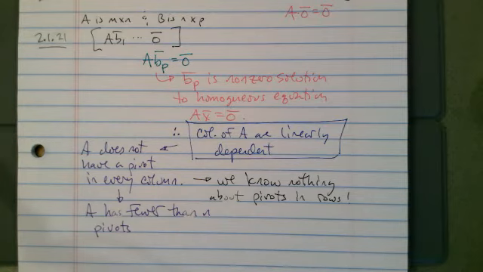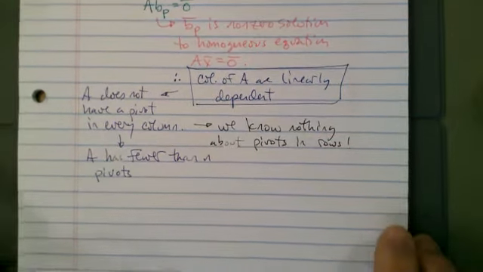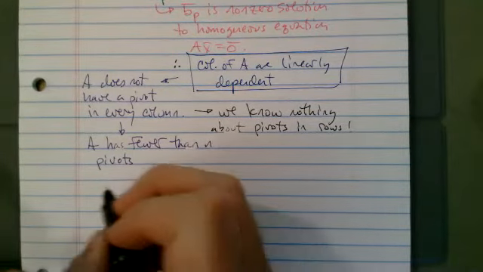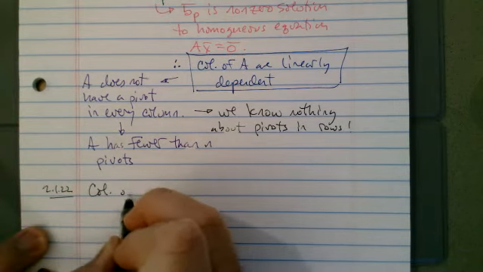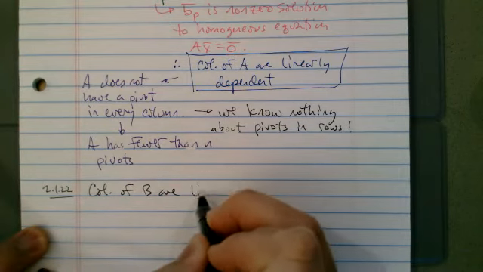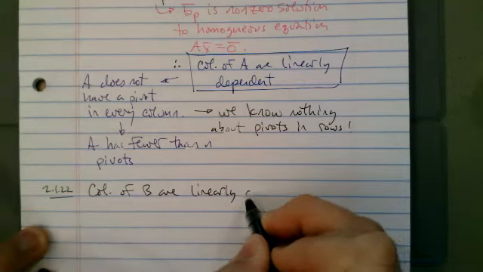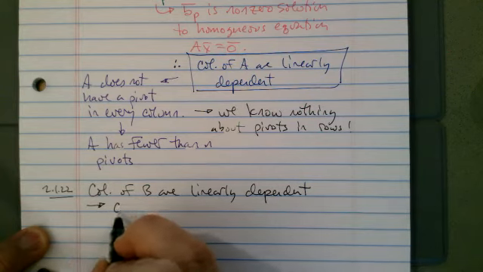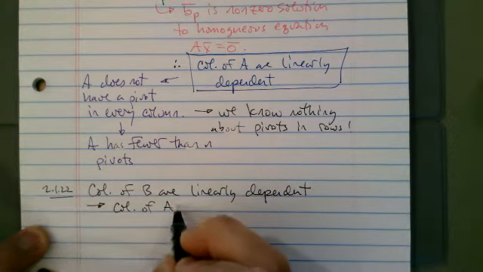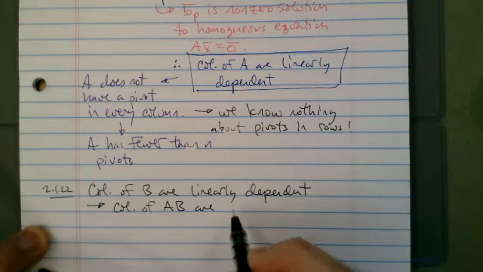And so let's look at 22. If the columns of B are linearly dependent, then so are the columns of AB. So that's a good one to look at. If the columns of B are linearly independent, the columns of AB are also.